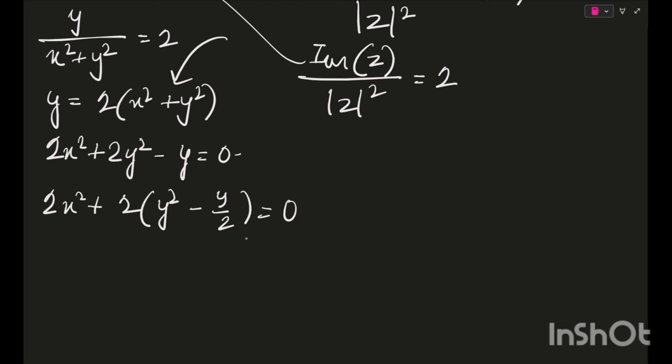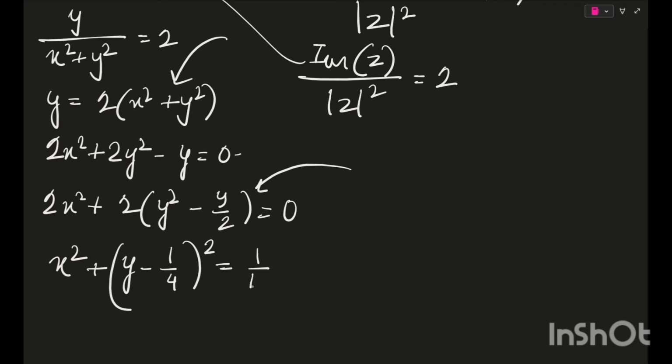I am directly writing the equation for you. This will come out to be x square plus y minus 1 by 4 whole square is equal to 1 by 16. So basically this is your required circle.